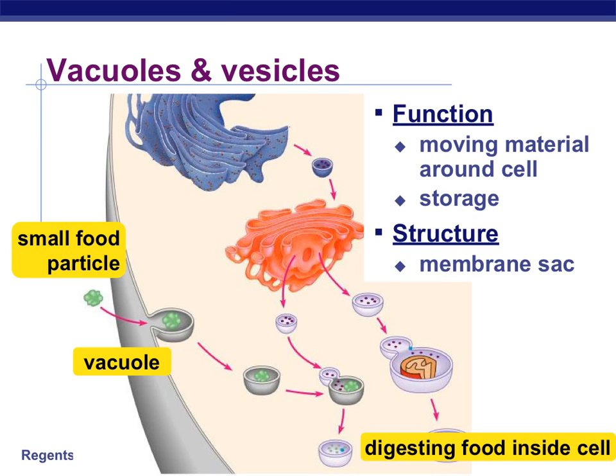Vacuoles and vesicles. Vacuoles serve a variety of functions depending on the cell that they're found in. In most animal cells where vacuoles occur, they function as temporary storage of food or nutrient substances. In plants, certain types of vacuoles play a huge part in maintaining turgor pressure, which is the water pressure inside of a plant cell.